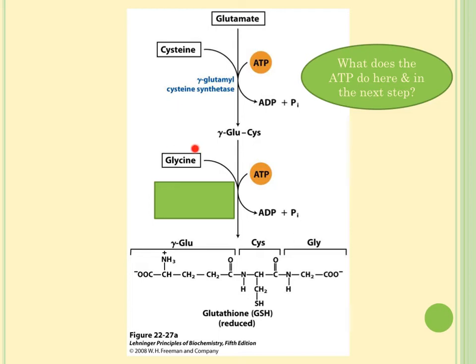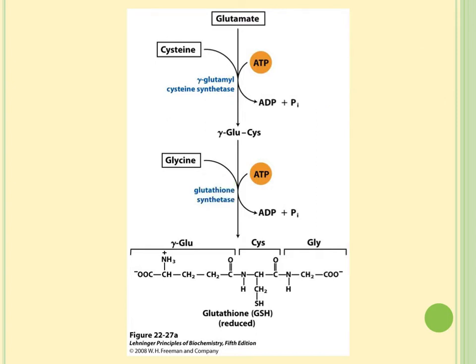Okay, but then we have glycine coming in, and once again, we have the expense of an ATP to make glutathione. If you're going to name this, first of all, what class of enzymes can do this? Synthetase. So it's a glutathione synthetase.